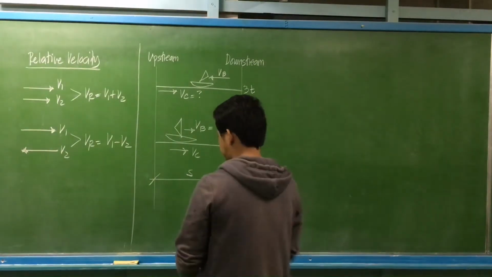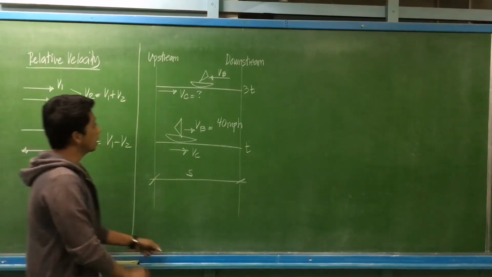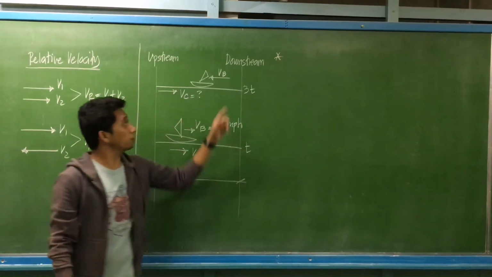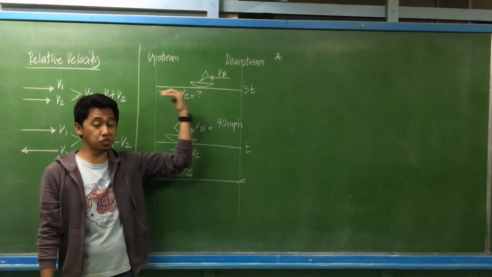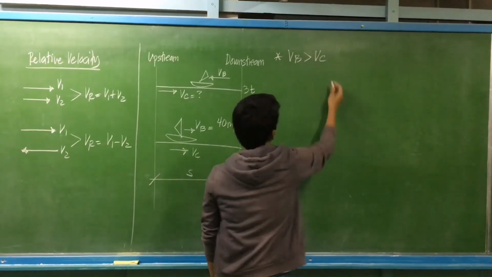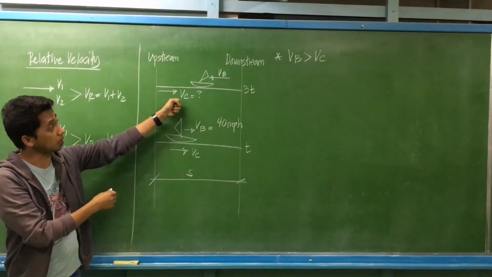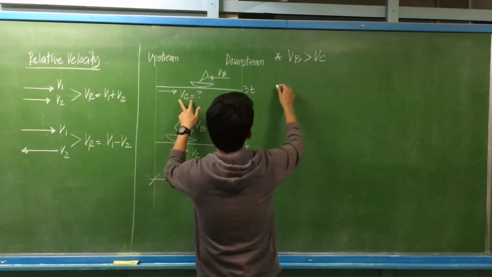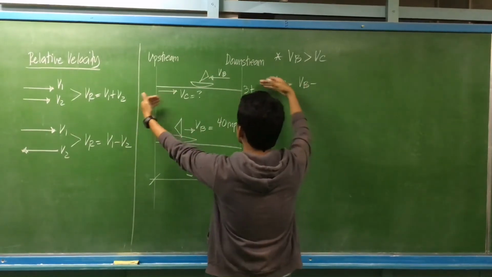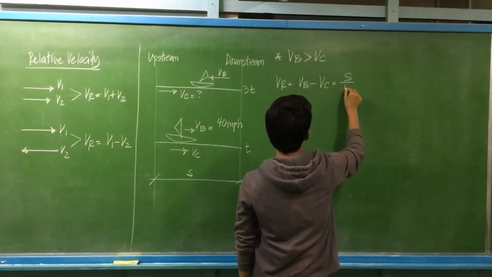Right, so let us solve. What will be our equation? For the first case, as you can see, this is against the current. Take note, for the boat to be able to move against the current, the velocity of the boat should be greater than the velocity of the current. Otherwise, the boat will be taken by the river current. So for this case, the relative velocity is the velocity of the boat minus, since opposite direction, the velocity of the current, equal to distance over time.